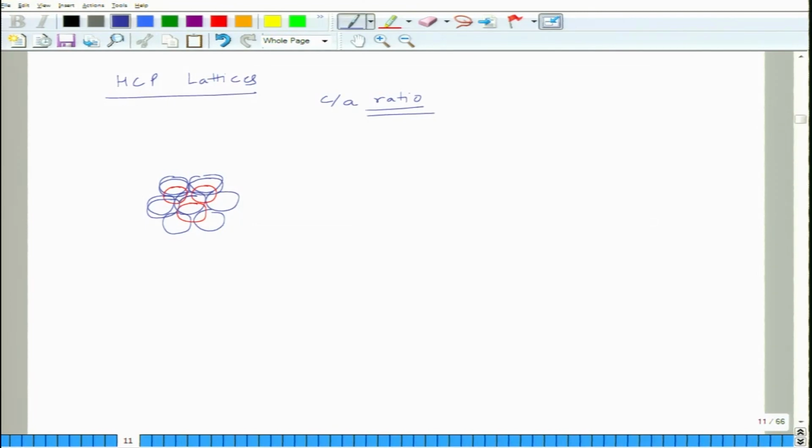It will be this layer, it will be this layer, this layer, and it will be this layer. Okay. So basically, what is the A parameter in this case? If you just draw the unit cell, the unit cell is something like that.